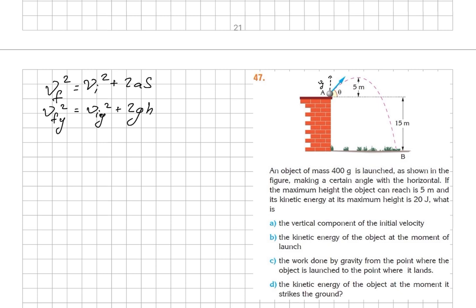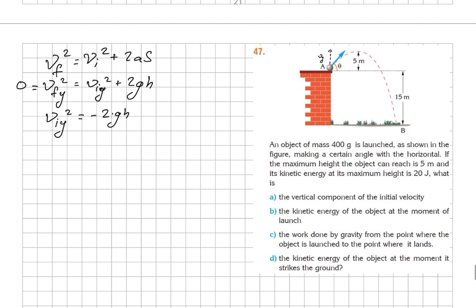Since velocity final is 0, we can write velocity initial y squared equals negative 2gh. So velocity initial y equals the square root of negative 2gh.